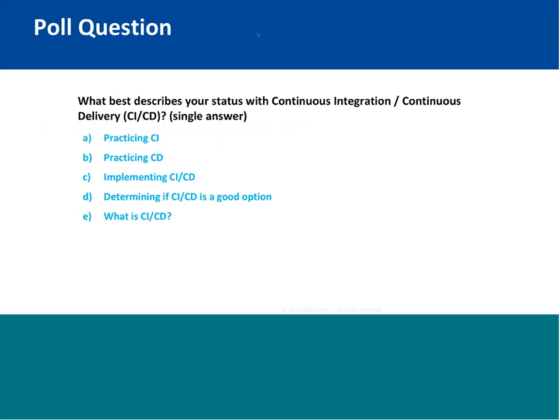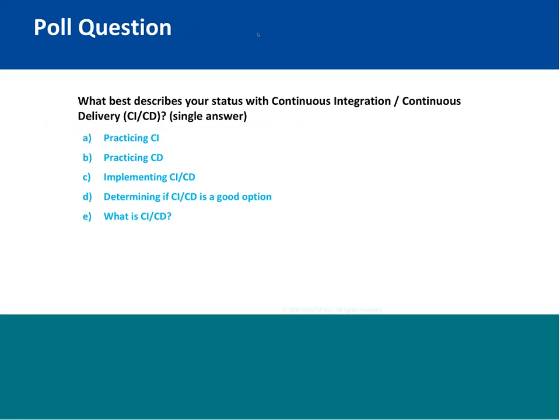So first we have a poll question. We'd like to get a reading of the audience here to get an idea where you are in your use and moving to CI/CD. Let's go ahead and open up this question. If you see a polling box up on the screen, there are 5 choices.